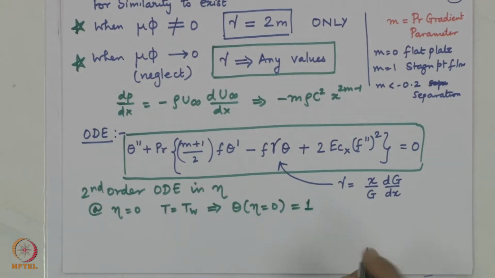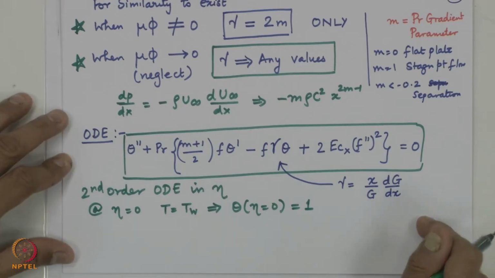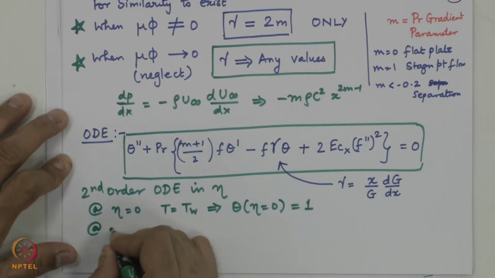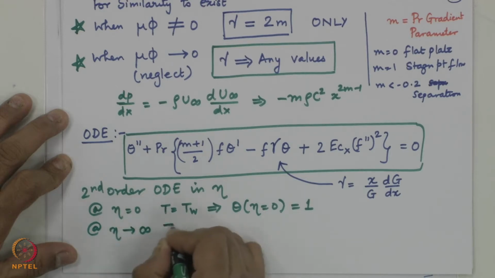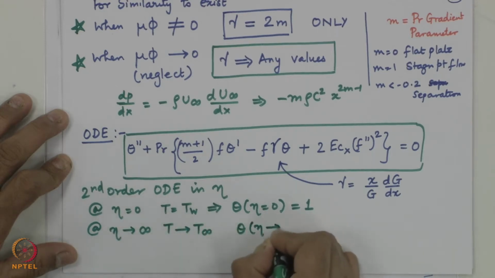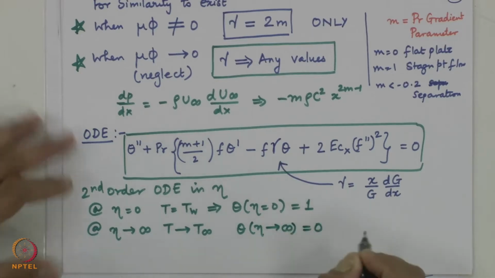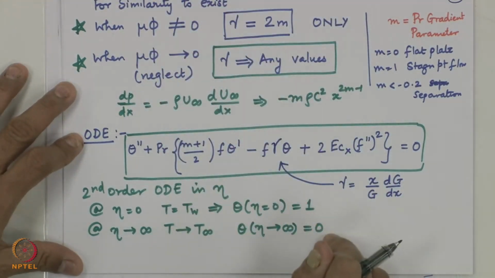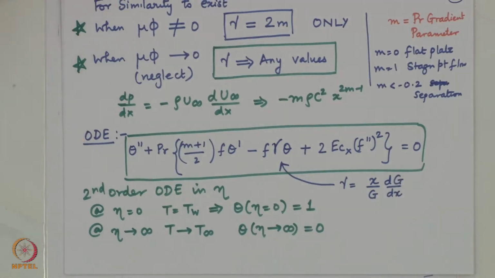What is my definition of theta? T minus T infinity divided by T wall minus T infinity. Second, as eta tends to infinity, T tends to T infinity, so theta as eta tends to infinity is 0. So these are my boundary conditions: two boundary conditions, second order ODE. So technically I should be able to solve.